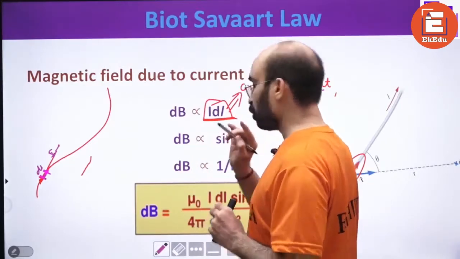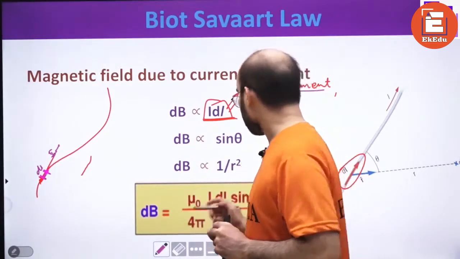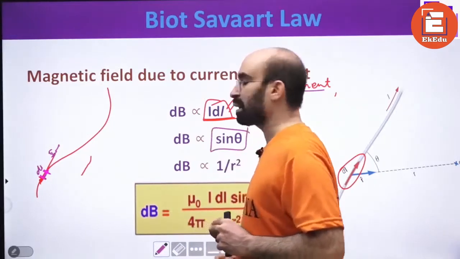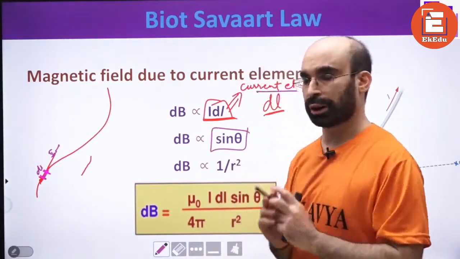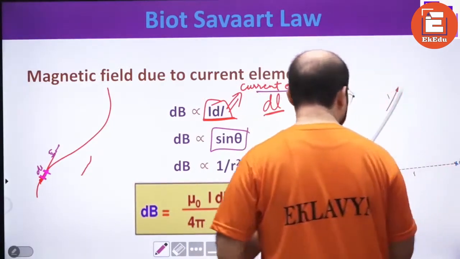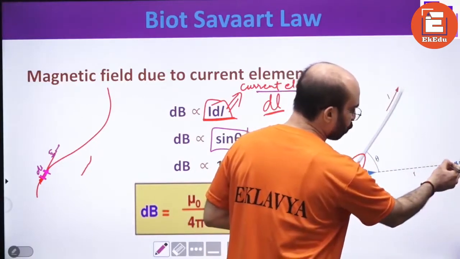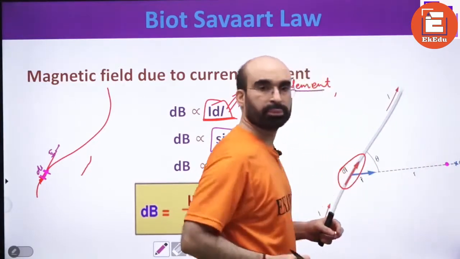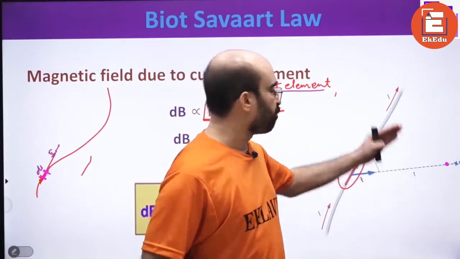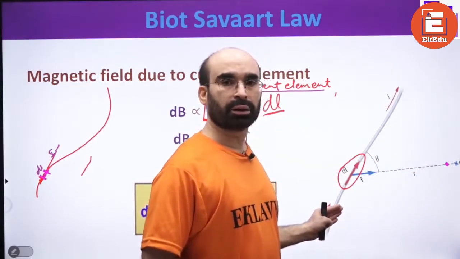Now, another thing. There is sine theta. So what is this theta here? Just understand. There is a point where we need to find out the magnetic field. There is a point from this current carrying conductor.